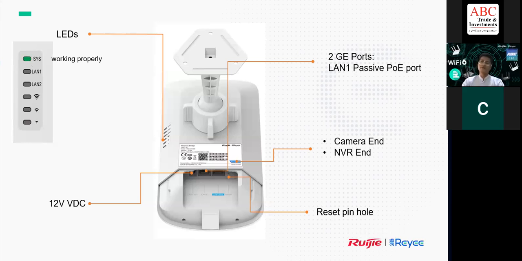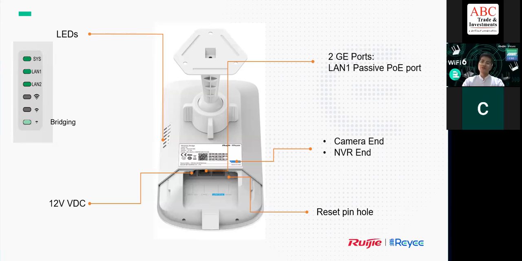If you see solid green, this is the working properly state. If you see LAN 1 and LAN 2 like this, the interface is up but there is no data transmission. When you see the blinking one, we have data transmission.